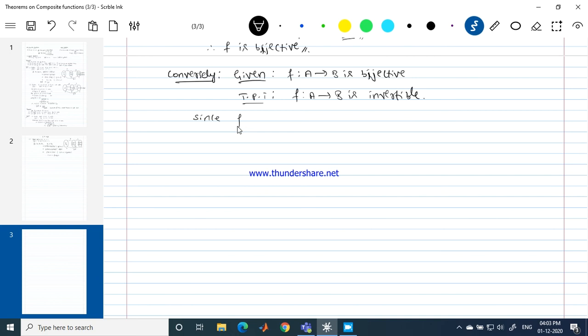Since f from A to B is onto, for every b belongs to set B, there exists a belongs to set A such that f of a is equal to b.